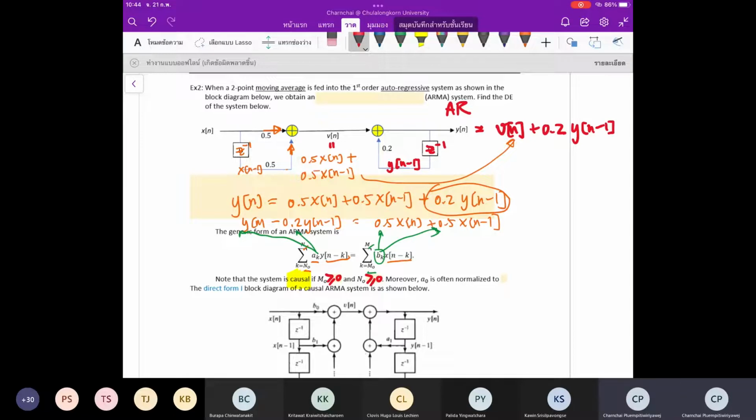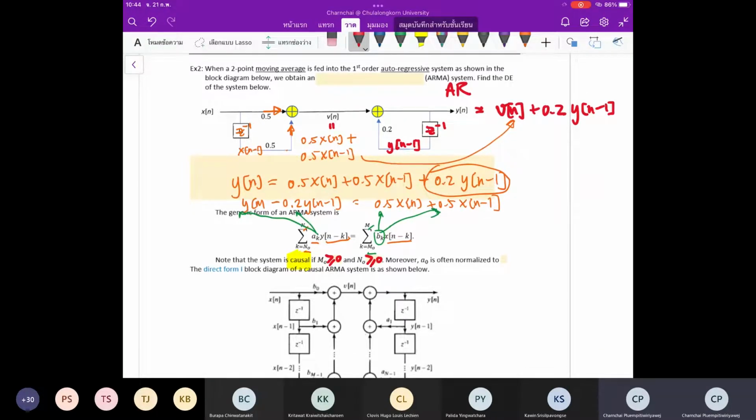Because if you start from some negative value, for example, suppose you sum k from negative 2, then you're going to have a_-2 y[n+2], which is non-causal, plus a_-1 y[n+1]. Negative 2, negative 1 is non-causal, right? If you want causal, it's got to start from 0.